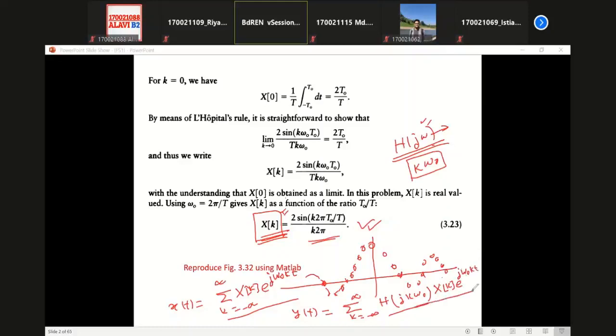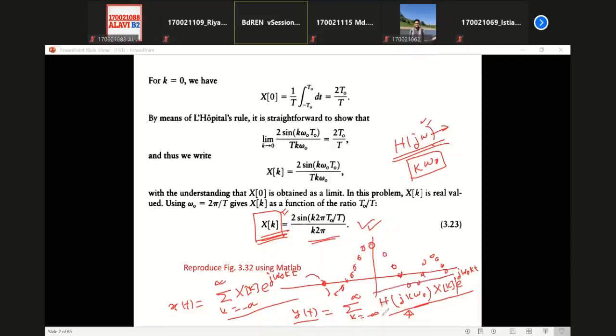Then we can easily see that your output y(t) also looks like a Fourier series. The new Fourier constant would be equal to H(j k omega 0) multiplied by X_k. So once your H is available, we can calculate the output y(t) by using this new Fourier sum. For any harmonic, the amplitude of our output for a particular harmonic would be equal to H(j k omega 0) multiplied by X_k.